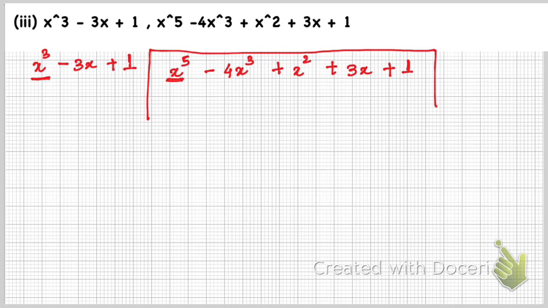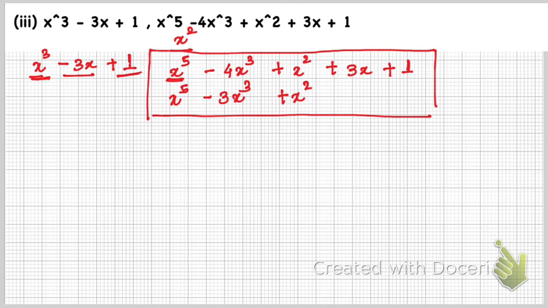So multiplying it with x square first, x cube into x square will give us x to the power 5. Minus 3x into x square will give us minus 3x cube. And this 1 multiplied with x square will definitely give us x square only.